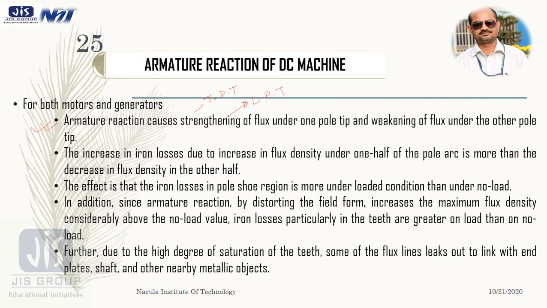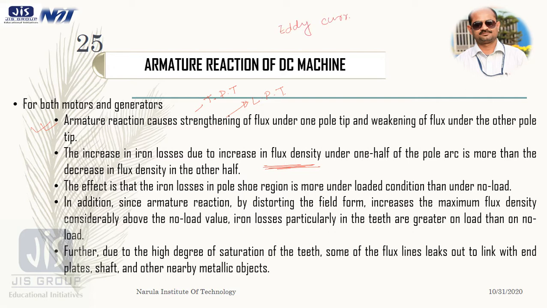But in both, strengthening occurs in one pole tip and weakening occurs in the other pole tip. There is also an increase in iron loss due to the increase in flux density, because iron loss means eddy current loss.